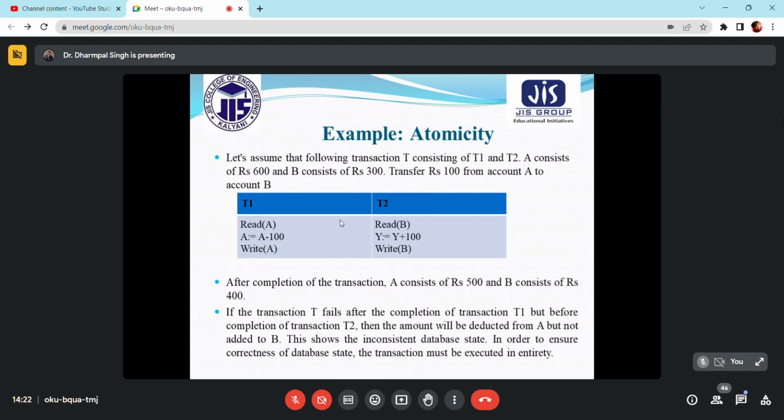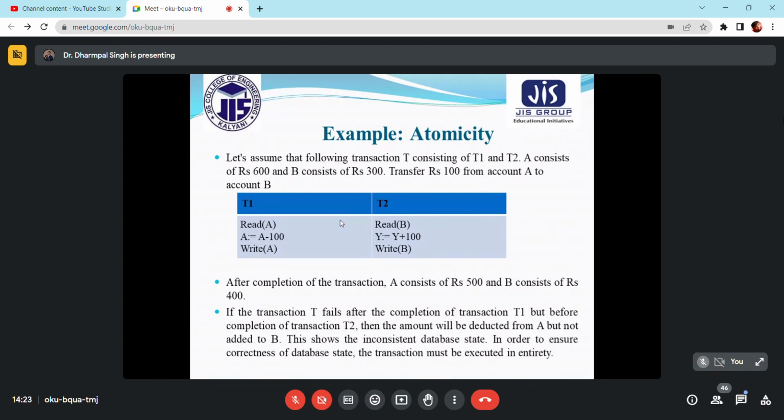Let's assume that the following transaction T consists of T1 and T2. I mean, there are two transactions. I've given an example. A has rupees 600 and B has rupees 300. At the beginning, A has a balance of 600 rupees and B has 300.